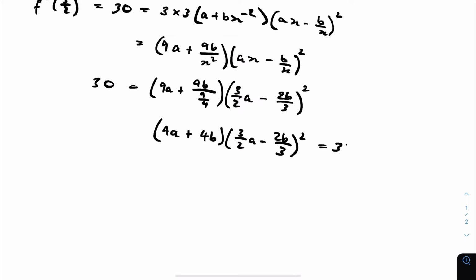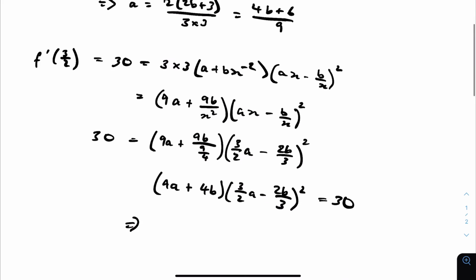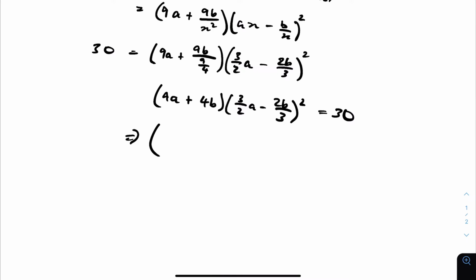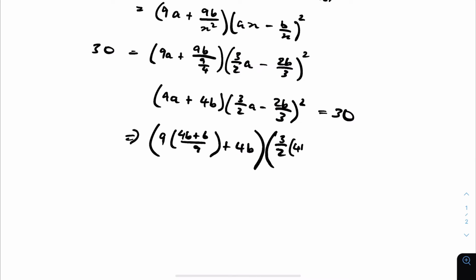Now I'm going to substitute our value of a in, which is (4b + 6)/9. So we get 9 times (4b + 6)/9 plus 4b, times (3/2 (4b + 6)/9 − 2b/3) squared, is equal to 30. Actually the 9s cancel out here.